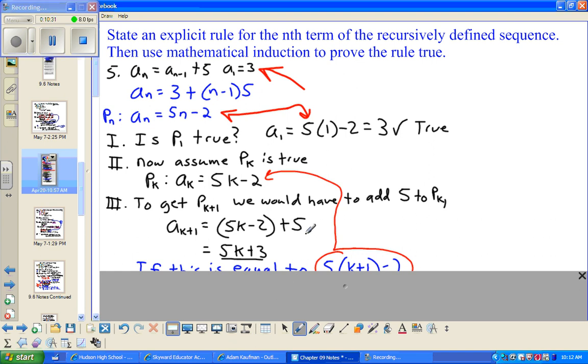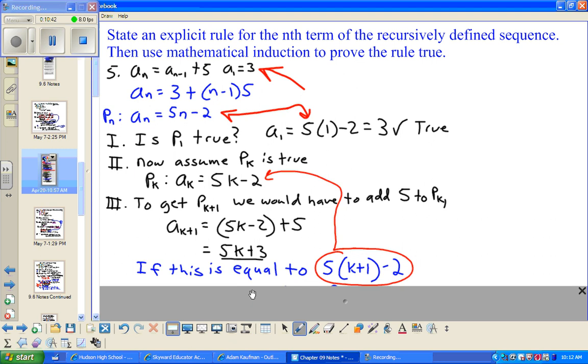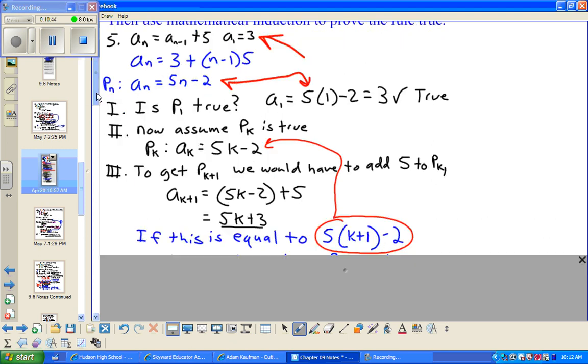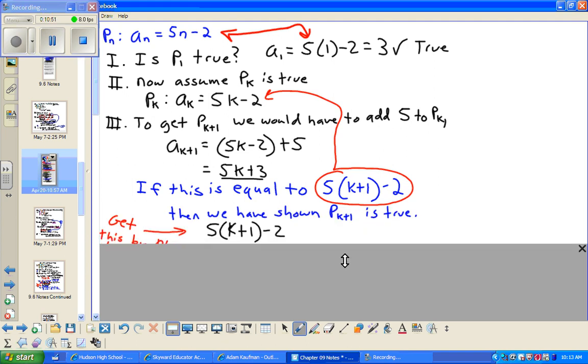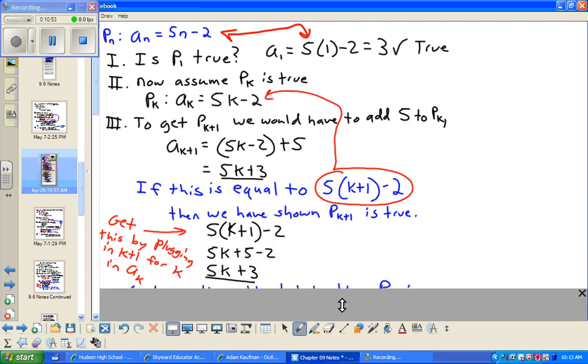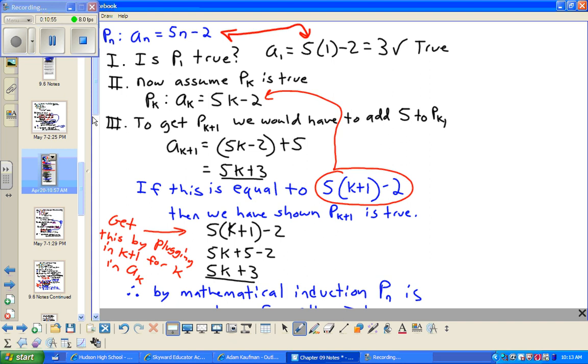Now, if I plug in a k plus 1 to my a sub k, and I get the same result as when I add 5 to that term, that's going to prove by mathematical induction that my rule is true. I might as well show the rest of this.